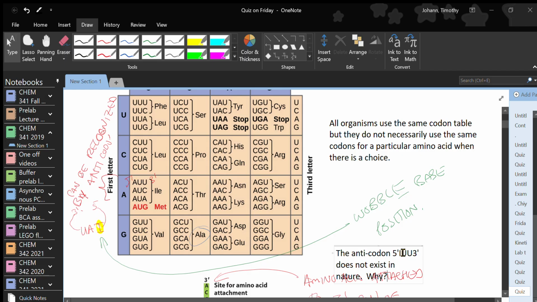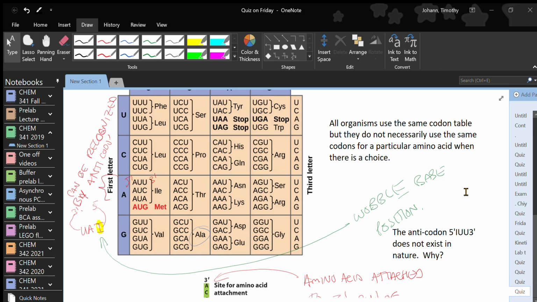Why? Because it's a stop codon. Does it match up with a stop codon? So we're looking at IUU.